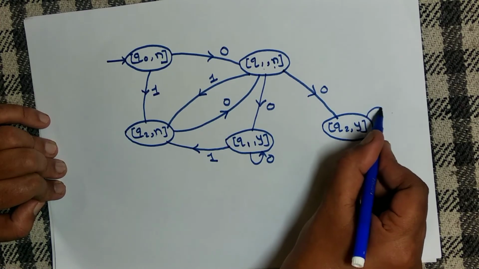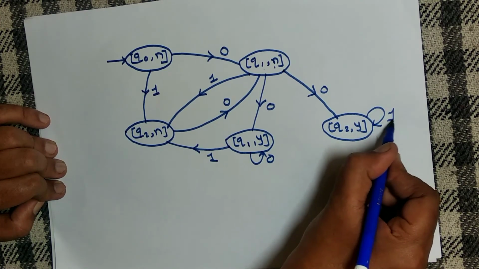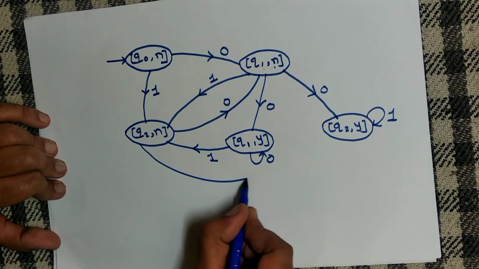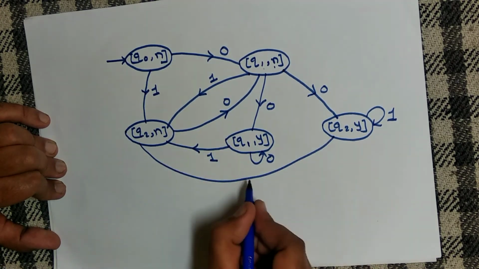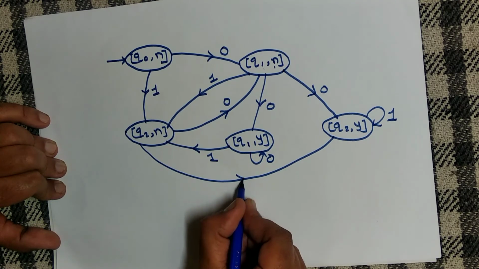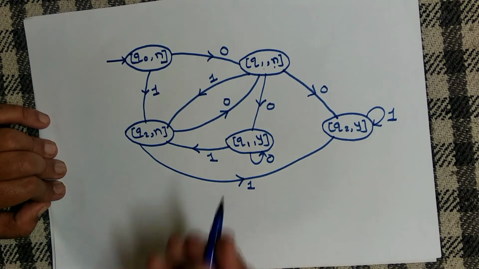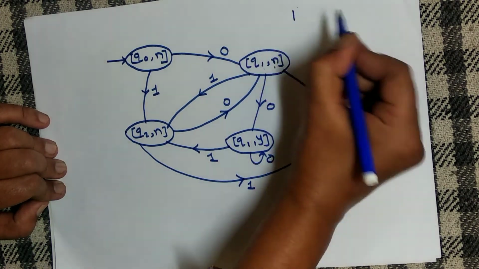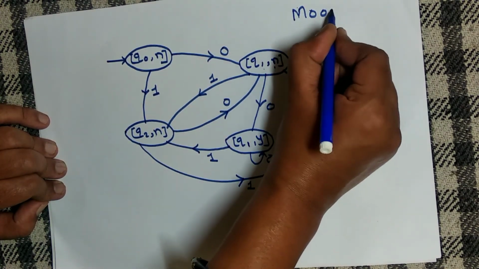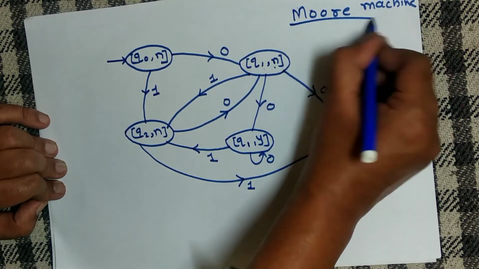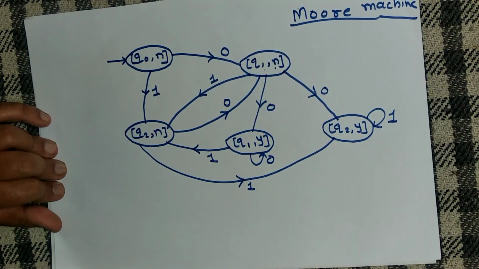Then Q2's 1 goes to itself, Q2. Okay, so this is the converted Moore machine. We converted it from the given Mealy machine.